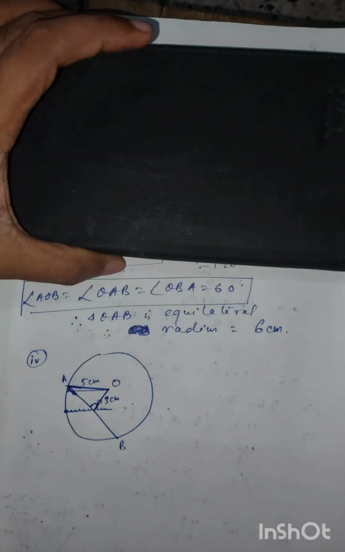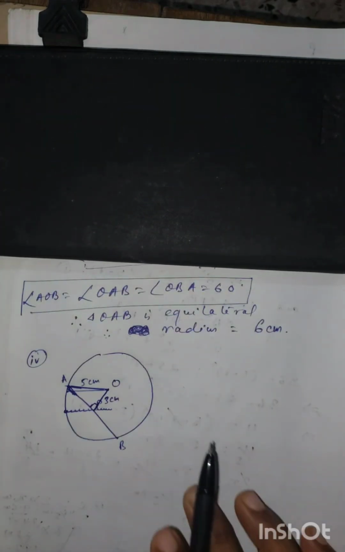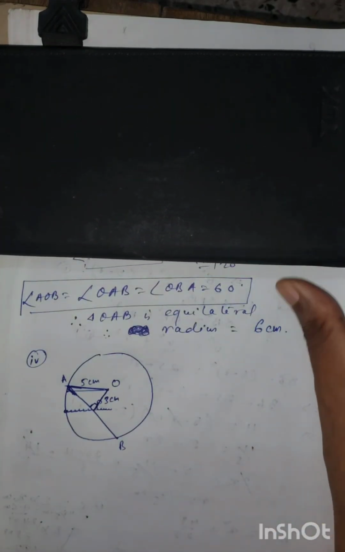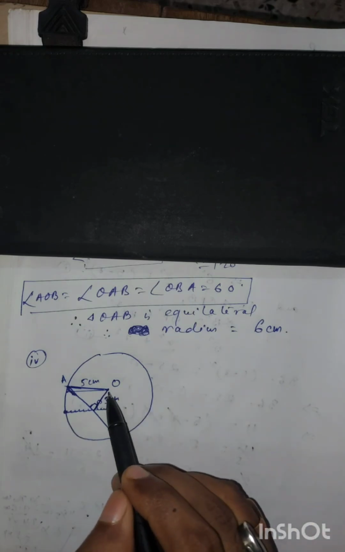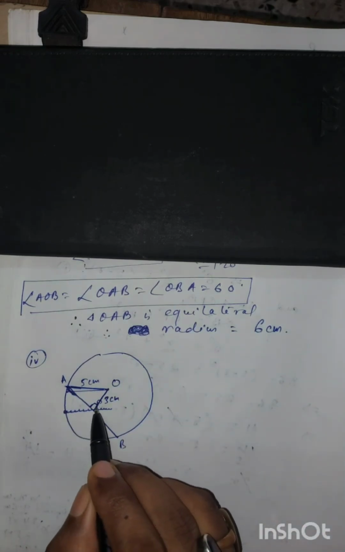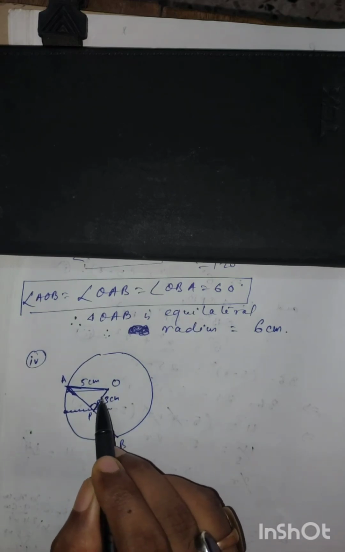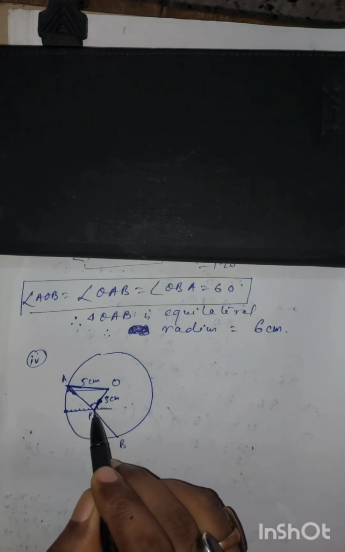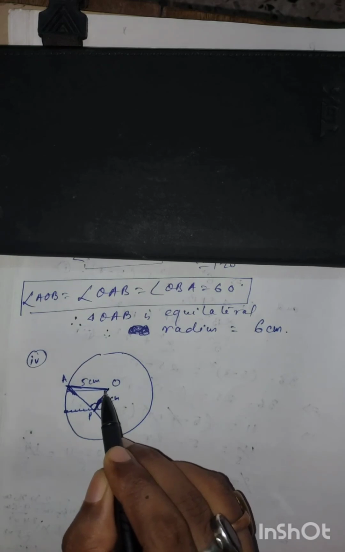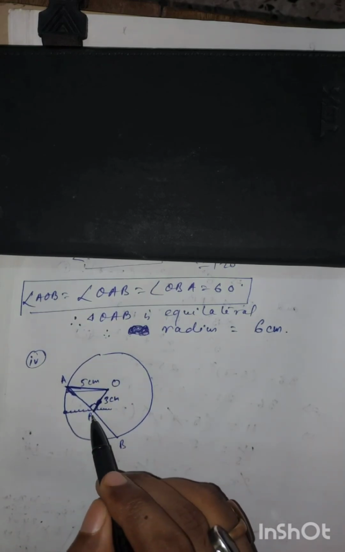So this is our diagram, where we can see this is a circle with center O and this is a point P, inside the circle.